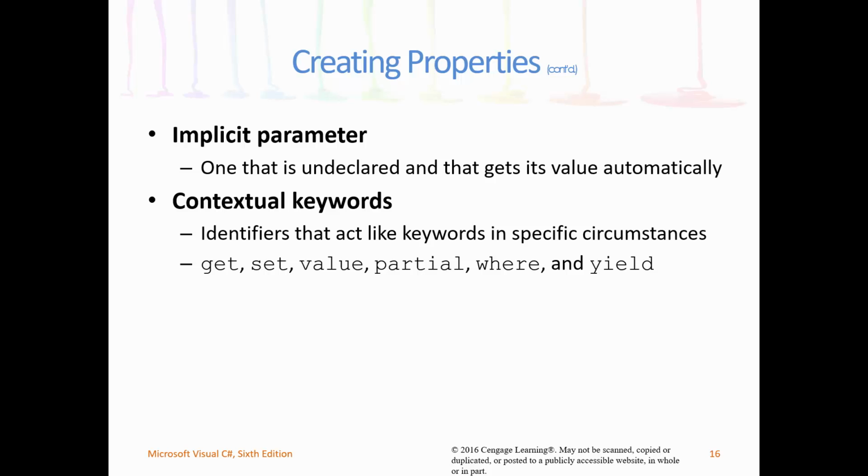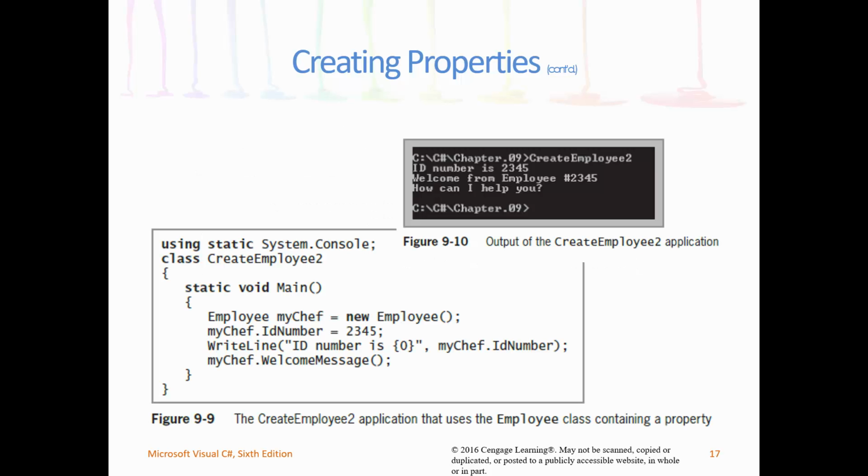All right, so notice some of these words, get, set, etc. Well, if we look in here, now we're saying here Employee myChef equals new Employee. So that's going to call a constructor. Even if we don't have one, then what's called a default constructor, which does nothing, will be called. Once we've got myChef, then we can set the ID number and we can do the welcome message.